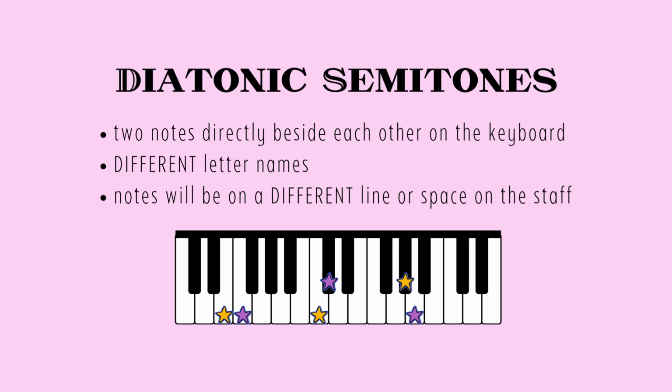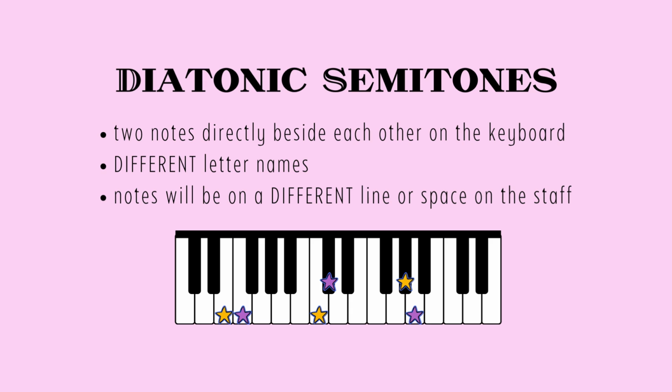For example, C to D flat is a semitone. And then as well, we can use E to F as an example as a semitone. These are still semitone movements, but now we've changed the note name. Diatonic semitones are important in scales and harmony because they follow the traditional letter naming system in Western music.